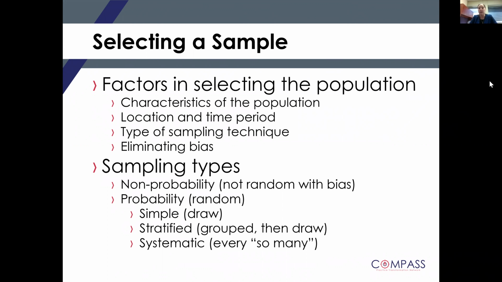So there are some different sampling techniques and types. We've talked about non-probability sampling, those that are not random and carry bias. Again, that would be individuals with a certain diagnosis, which is not so random. So we're going to pick 5 of our best patients, if we will. Just be very careful with those.